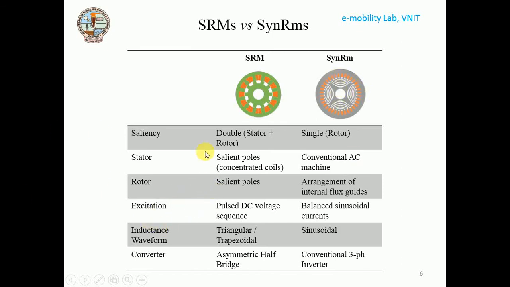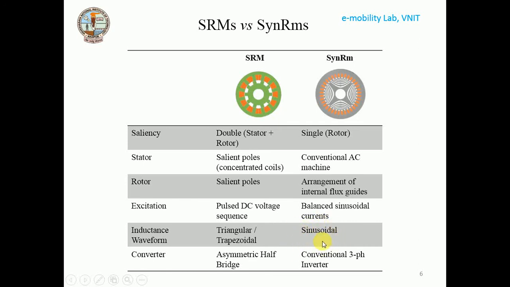Then excitation, how the machine should be excited. It is a pulsed DC sequence voltage for switched reluctance, and balanced three-phase sinusoidal currents for synchronous reluctance. Then the inductance waveform: this is trapezoidal or triangular, and this is sinusoidal. However, this depends upon the winding arrangement.